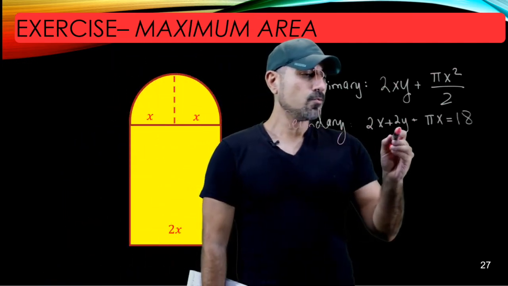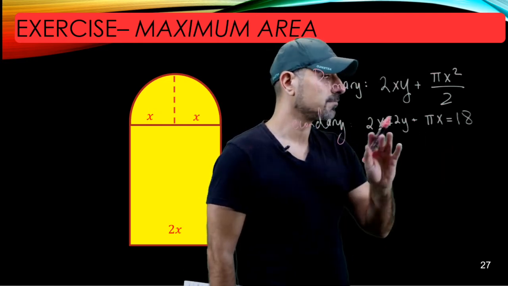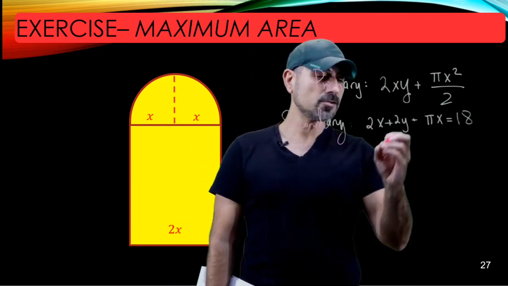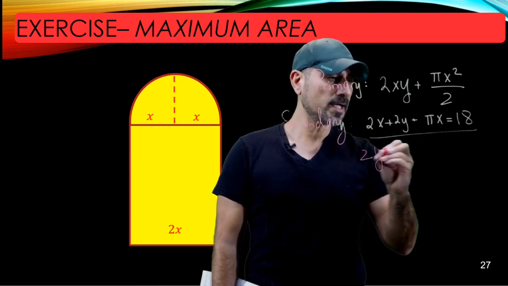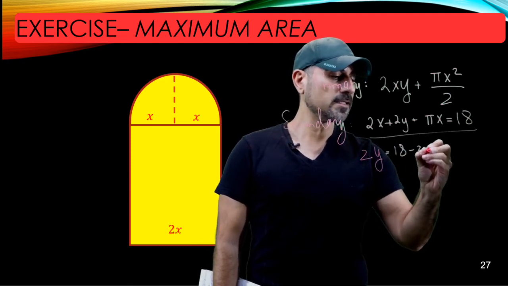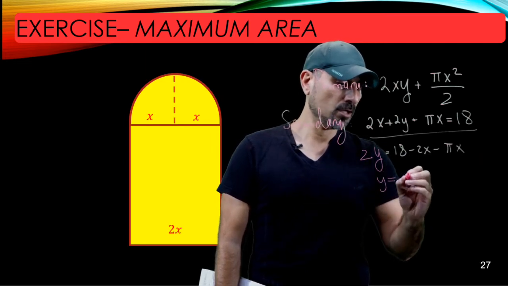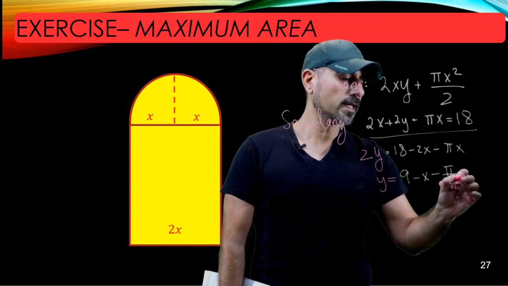Now we're going to solve the secondary equation for y. If you want to do it for x, go for it, no problem. We're going to do the same type of calculation. But let's solve this equation for y. So 2y equals 18 minus 2x minus pi x, and divide everything by 2. So y is 9 minus x minus pi over 2 times x.